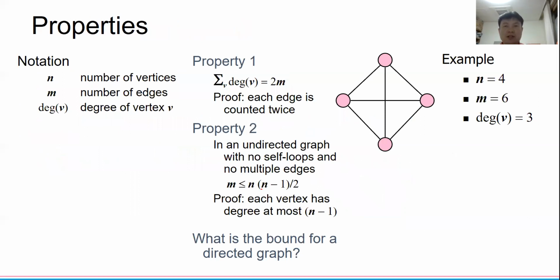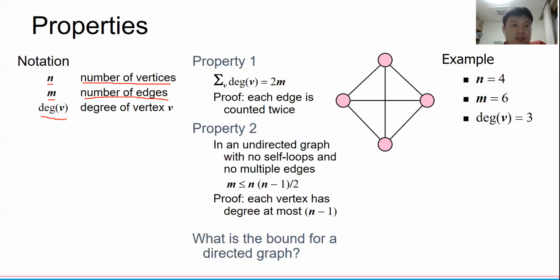There are some properties that you need to understand about the graph. We have n, we have m. N indicates the number of vertices, and m indicates the number of edges. And whenever we have the vertices and edges, we can calculate the degree.